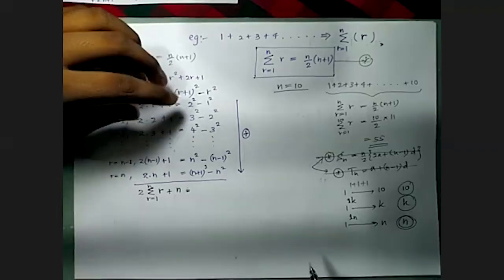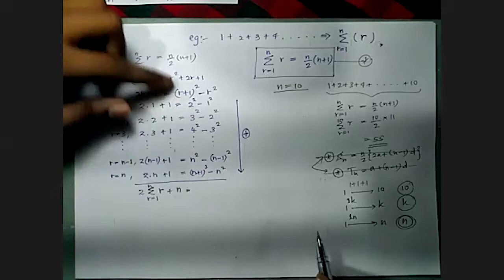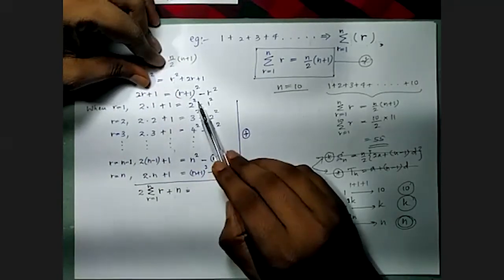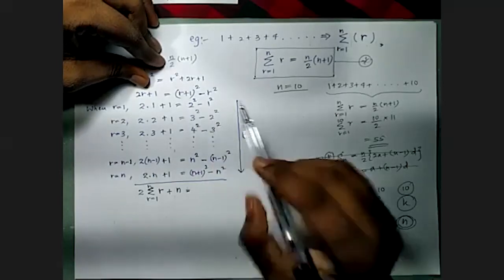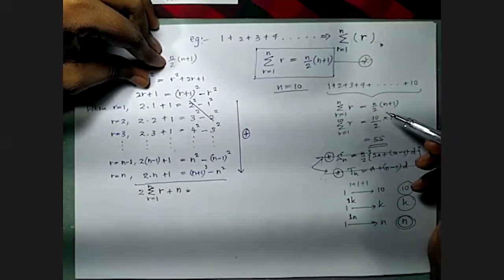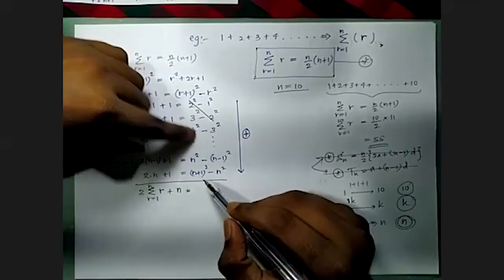Now we have to add the right hand side. Then can you see here we have plus 2 square. Here minus 2 square. So when we add these two, they get cancelled. Okay. Then here plus 3 square minus 3 square.